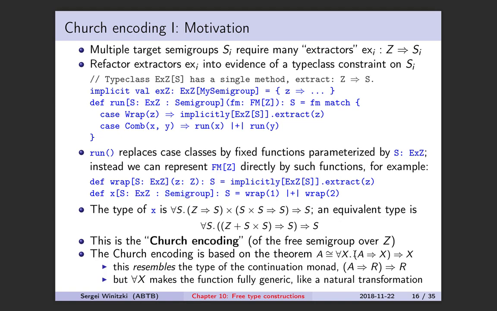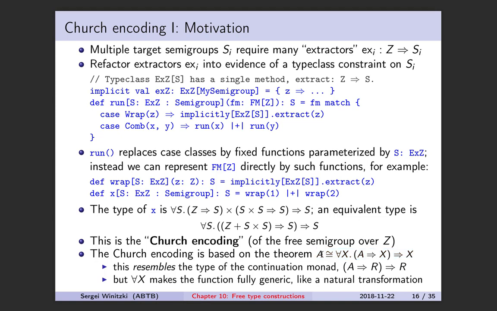So that's the type. Now, there is a theorem in the type theory, which is that this type expression is equivalent to just the type A. I will present a derivation of this somewhat informally, but this is the basic fact that is at the basis of the entire idea of the Church encoding.